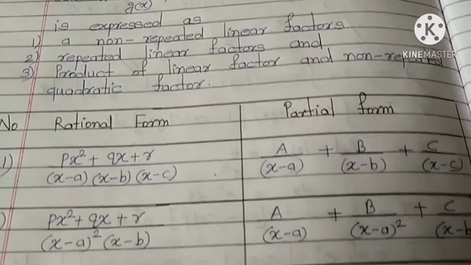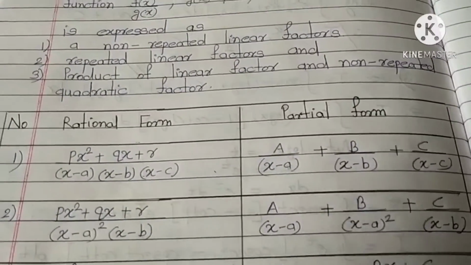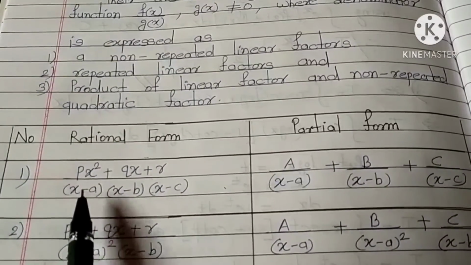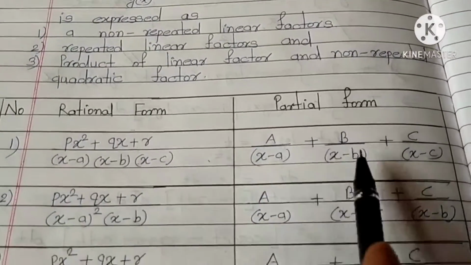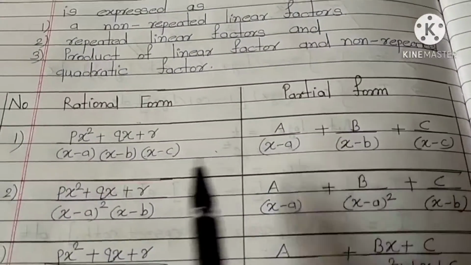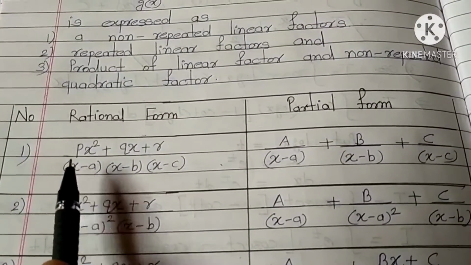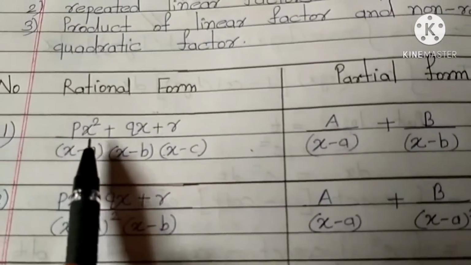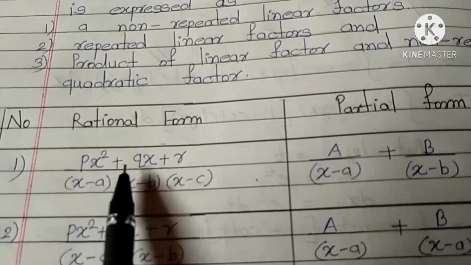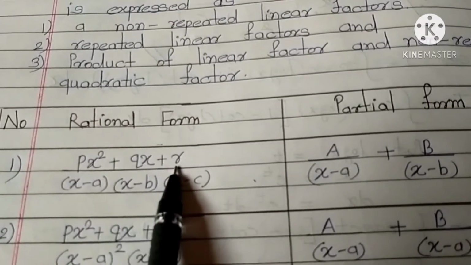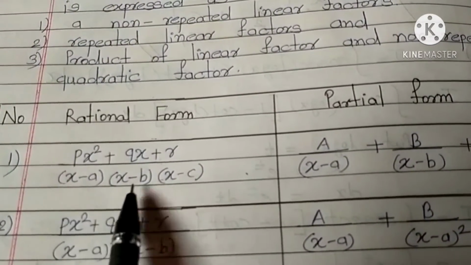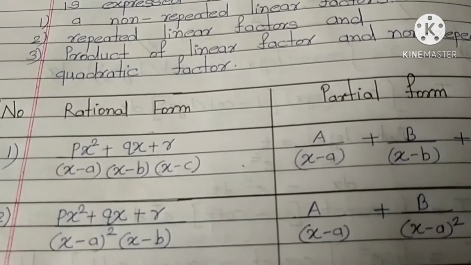Now, we have to reduce the rational form into partial form. So this is our first type, that is a non-repeated linear factor. You can observe that here is the quadratic px square plus qx plus r, and here are the factors x minus a, x minus b, x minus c.